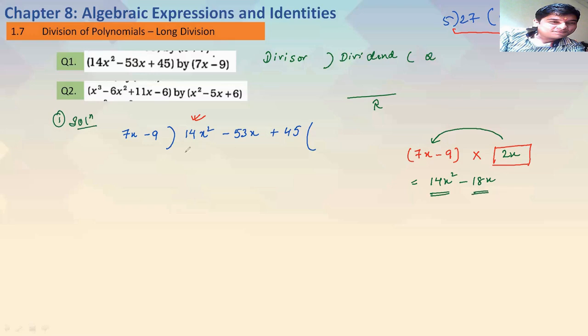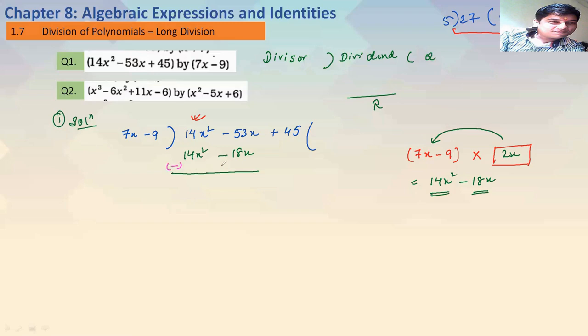There you go. Now place them underneath the like terms. So this is going to be 14x squared over here and negative 18x over here. You have to place it under the like term so that you can subtract, right? We understood vertical subtraction yesterday, right? So now change the sign because we are subtracting it.